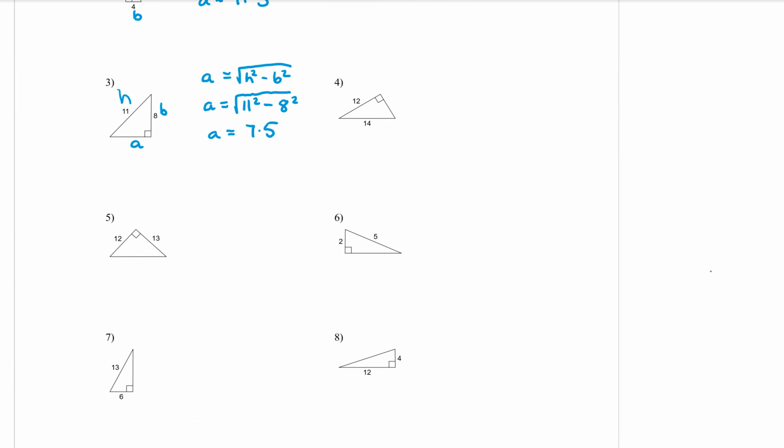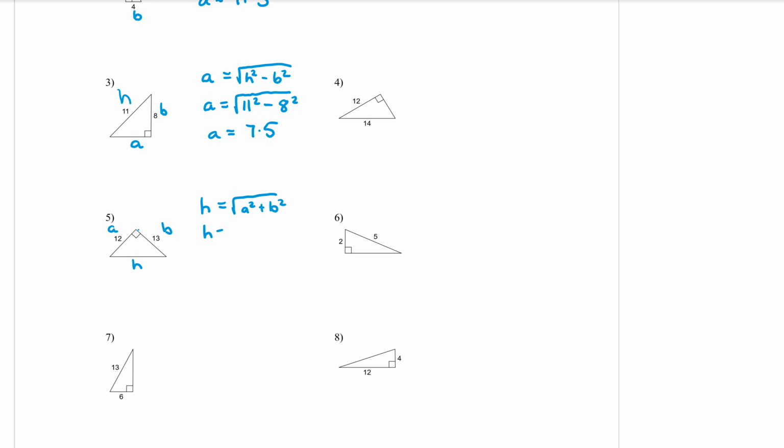This time, my right angle here, I've got the sides on either side of that, which means those two arms there, they're A and B, and I'm trying to find the hypotenuse. That's the blank one. So this time I need to use my hypotenuse formula, which is H equals big square root of A squared plus B squared.